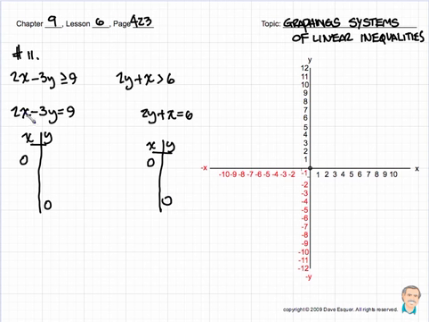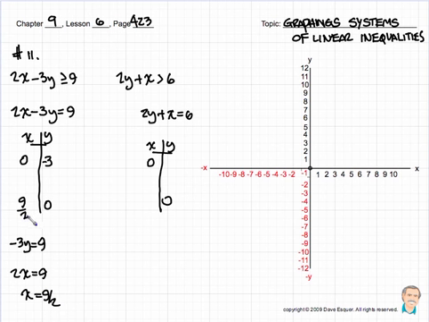So in this one we have 2 times 0 is 0. So we have minus 3y is equal to 9, or y is equal to, I'm sorry, minus 3, because that'll give us that positive 9. And if I stick y is equal to 0, we have 2x is equal to 9, or x is equal to 9 over 2.